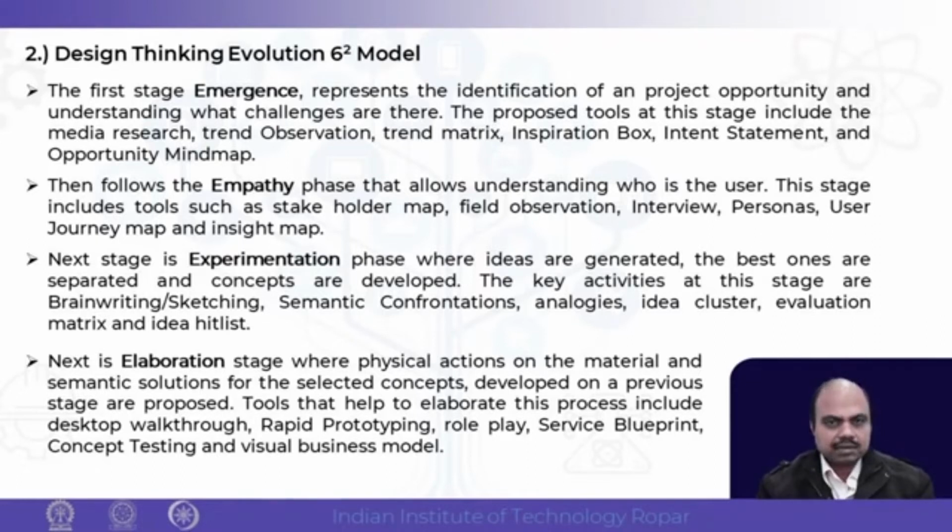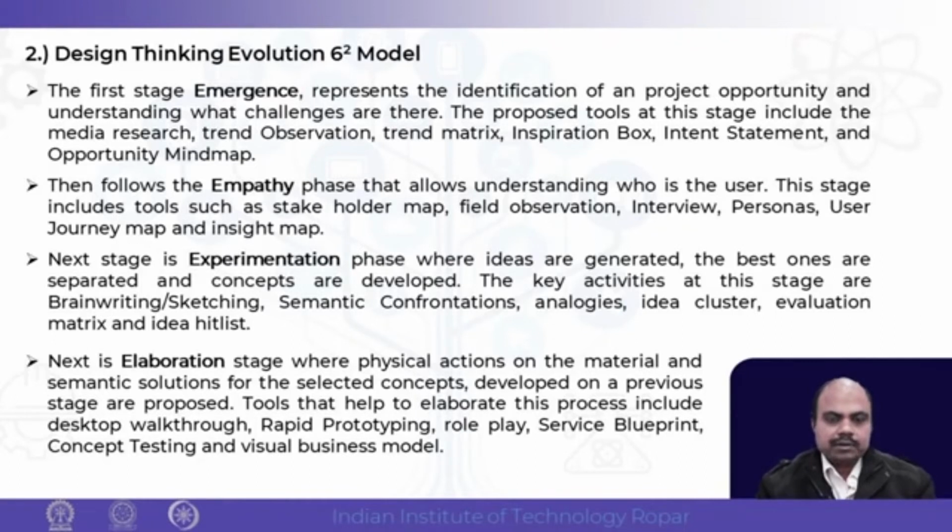Next, we are going to go to the next stage, called the elaboration stage. In this stage, physical actions on the material and semantic solutions for the selected concepts developed in the previous stage are proposed.